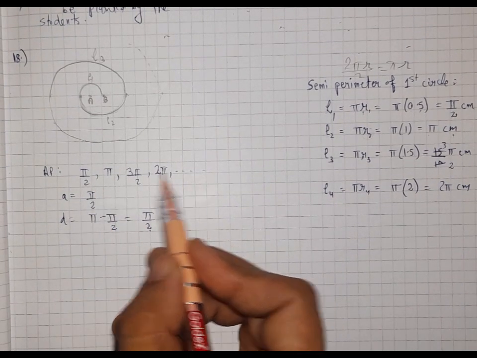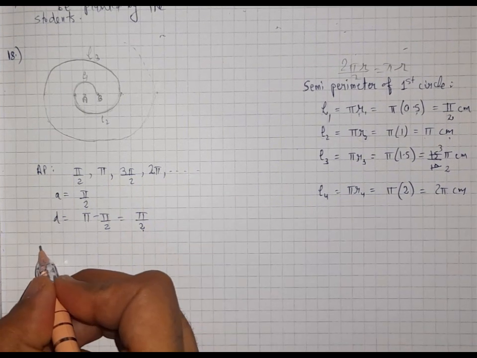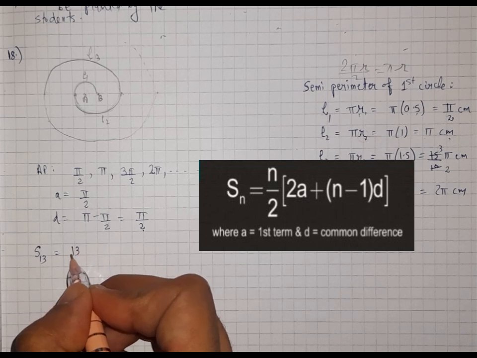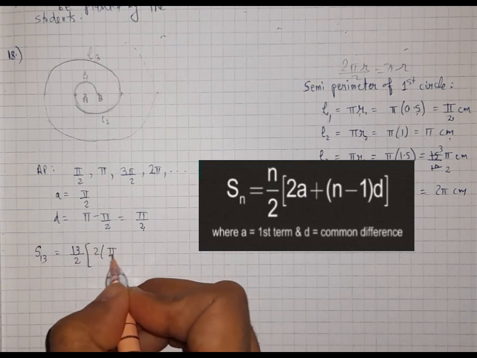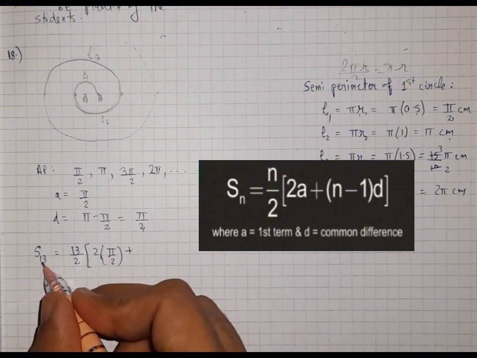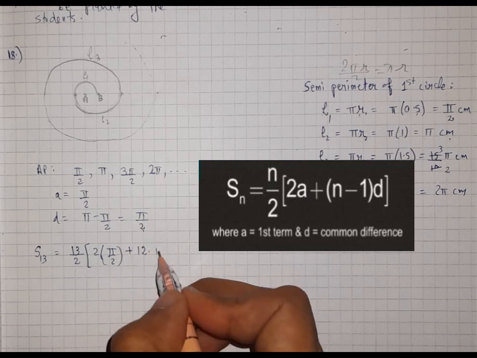We need to find the sum of all these terms up to the 13th term. In short, n equals 13, so n upon 2 into 2a, a equals pi upon 2, plus n minus 1, that is 13 minus 1 equals 12, into d, d equals pi upon 2.